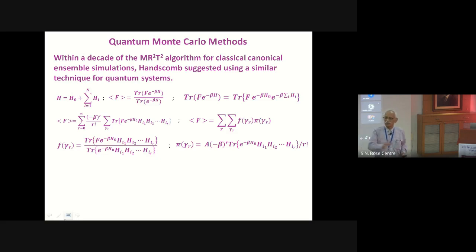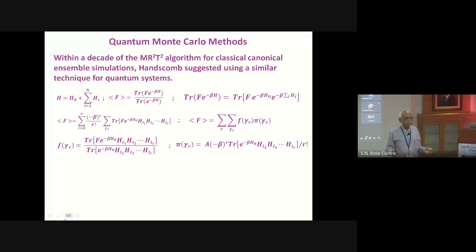Because all these correspond to the states of the Markov chain, you have to randomly either add or remove, and also you have to make sure that you are able to calculate these things. And once you calculate these things, you'll know the probability pi gamma R, and you sample these configurations with the probability pi gamma R using a Monte Carlo scheme and average.